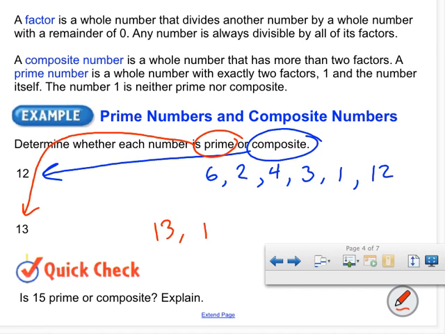It's number 1 isn't a prime or composite number because, think about the definition. It has to have 2 or more factors to be prime or composite. Composite is more than 2. Prime is exactly 2. Okay?